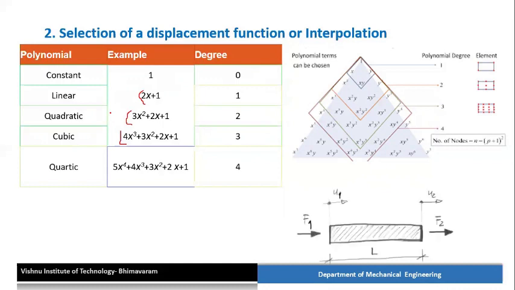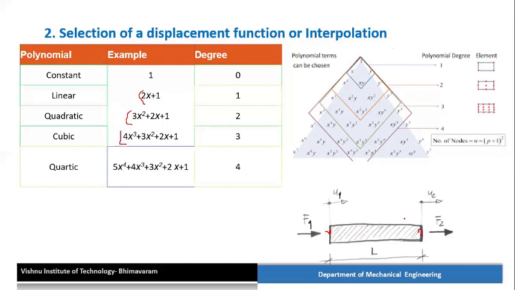functions. So for easy to understand, first we assume a bar element, it has two nodes. This one here is node 1, another one node 2. So u1 and u2 are the displacements at node 1 and node 2. F1 and F2 are the forces at node 1 and node 2.